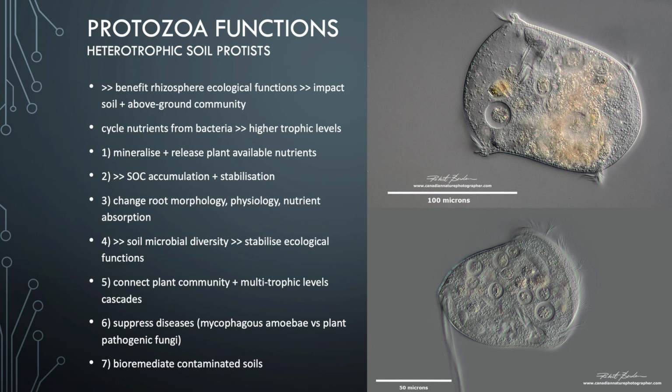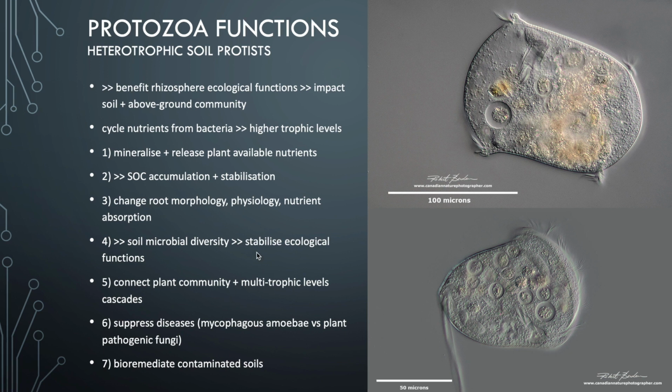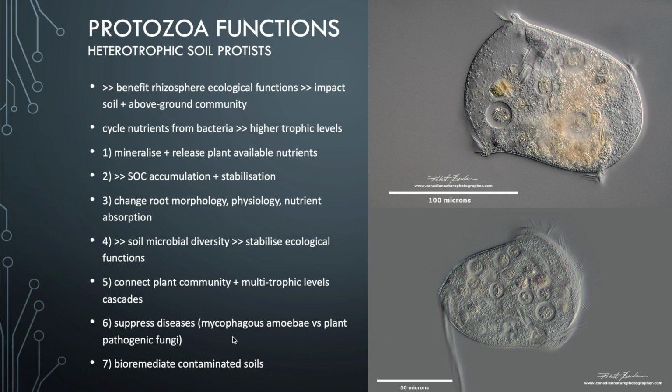The cascade is basically when predators affect other trophic levels as a result of the organisms they feed on. So in this case, protozoa grazing on bacteria will affect the community of that bacteria in the soil and therefore have an effect on the plant community as a result. They suppress diseases, for example, mycophagous amoebae feeding on plant pathogenic fungi, and also have the capability of bioremediating, or cleaning up, contaminated soils. And we'll talk about all of these components in more detail as we move on.